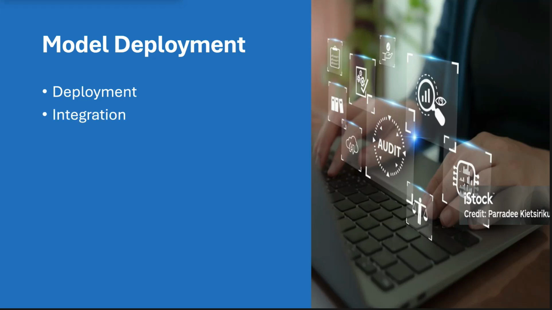Integration: integrate the model with existing systems and workflows. Monitoring: continuously monitor the model's performance to detect any issues or drift. Updating: regularly update the model with new data to keep it accurate and relevant. Scalability: ensure the model can handle increasing amounts of data and requests.